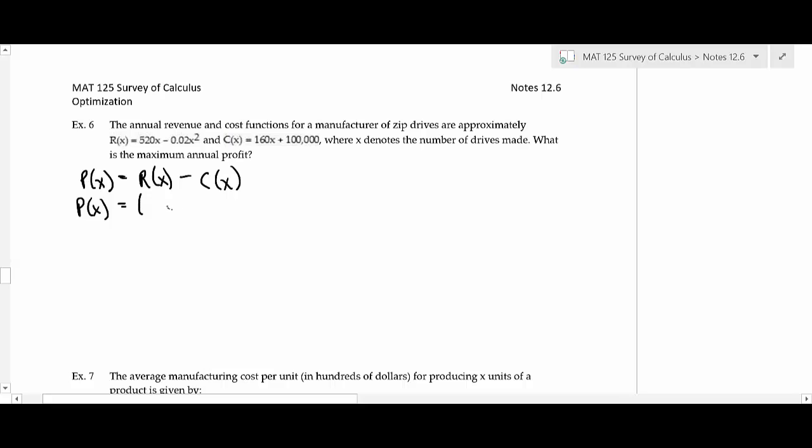Do we plug that x value into the derivative? Or no, into the profit. So the profit function is what you're taking the derivative of.